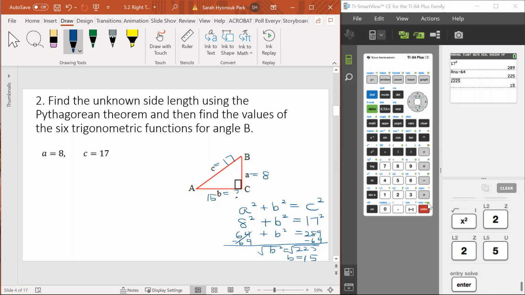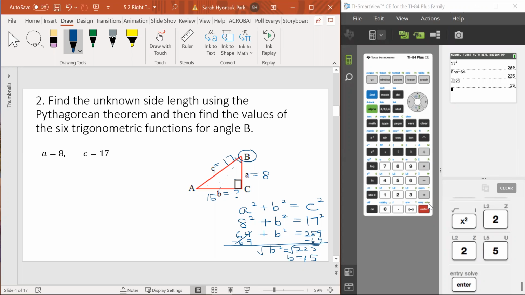That wasn't the actual question, but it will help us solve it. It says, find the values of the six trig functions for angle B. So angle B is here. We use uppercase letters to represent angles, and lowercase to represent sides. Usually the side opposite angle B is little b. Here's angle A, the opposite side is little a, and for C, the opposite side is little c.